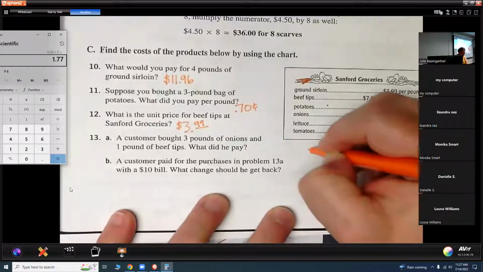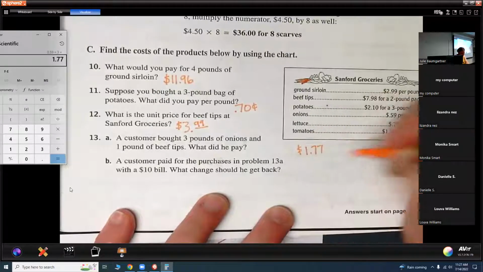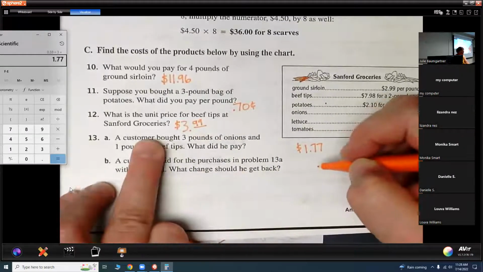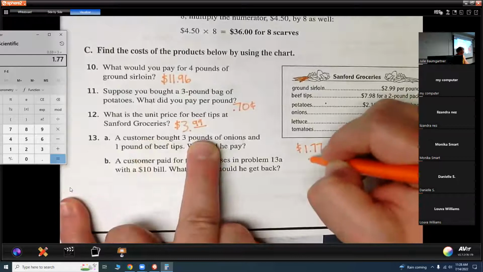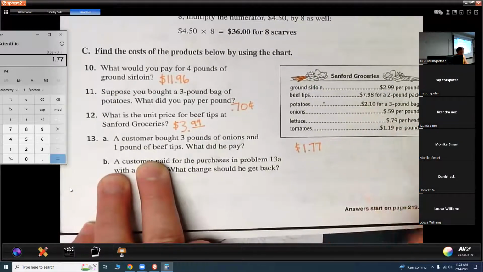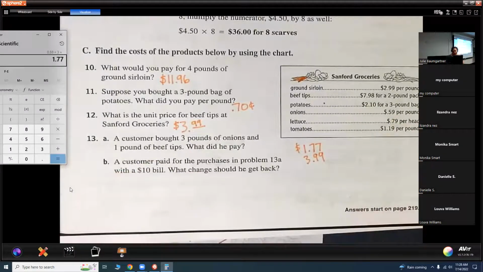So we've got our 1.77 total for our onions, and then a pound of beef tips. And remember, it's just 1 pound, not 2.